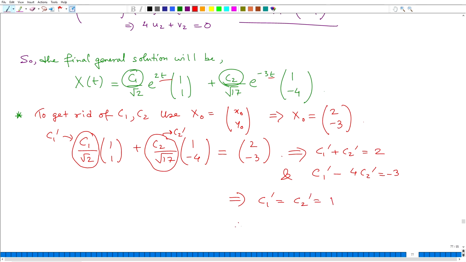So then of course, C1 will be equal to root 2 and C2 will be equal to root 17.